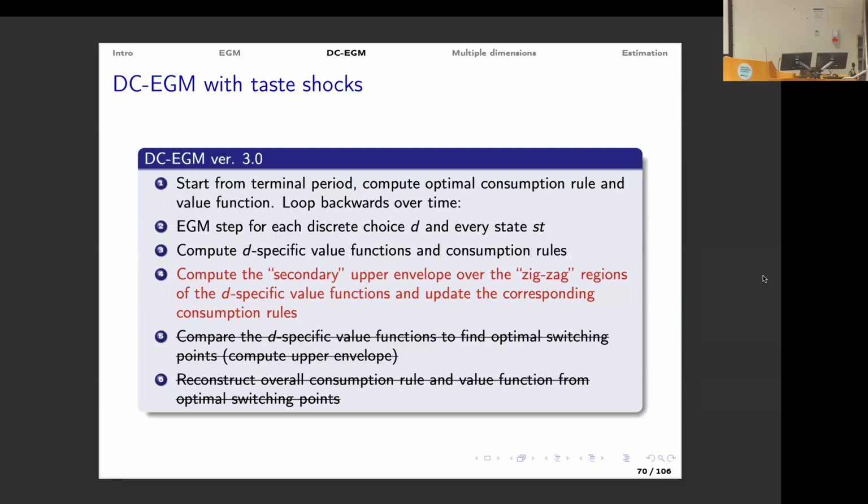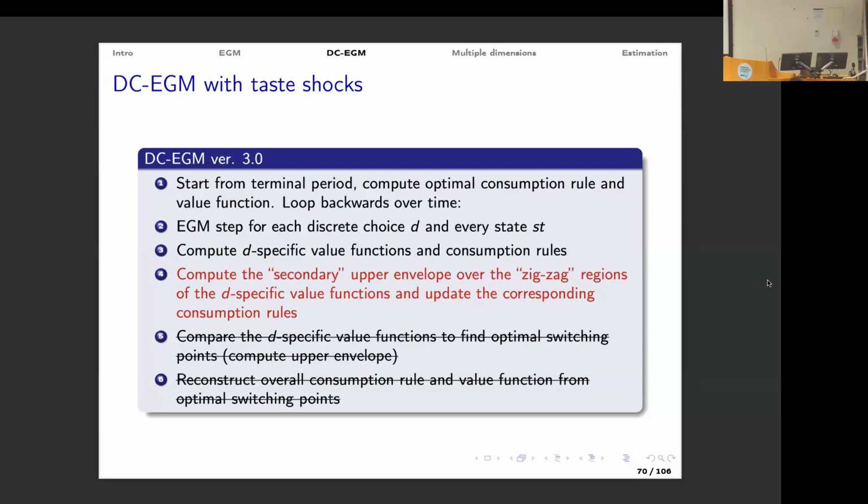Again, the DCEGM algorithm also becomes a little bit simpler. We don't need to do these steps at all. We're just solving the problem now in a different space. We're solving in the choice-specific, this conditional value function space. And instead of calculating the primary kinks and computing the upper envelope, we can calculate choice probabilities, right?